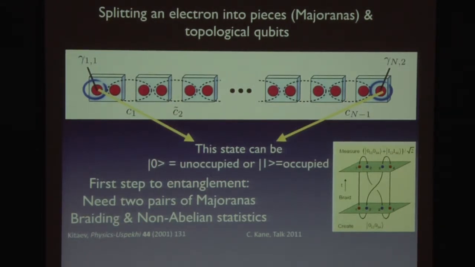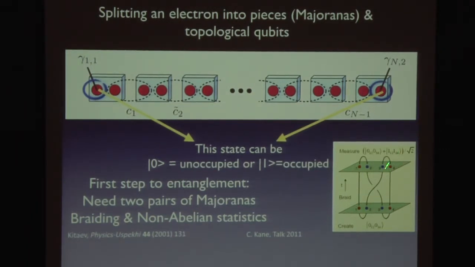Because if I have a set of two Majoranas, I can think of, in time, taking this pair of Majoranas and moving one member of a pair around a member of the other pair.